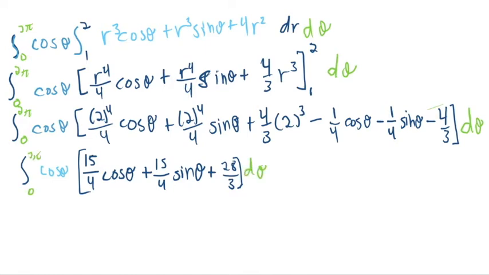So now we're going to integrate this with our cosine theta. So now we're going to multiply that cosine theta in there, multiply it by everything. And we're going to break that up into 3 new integrals.